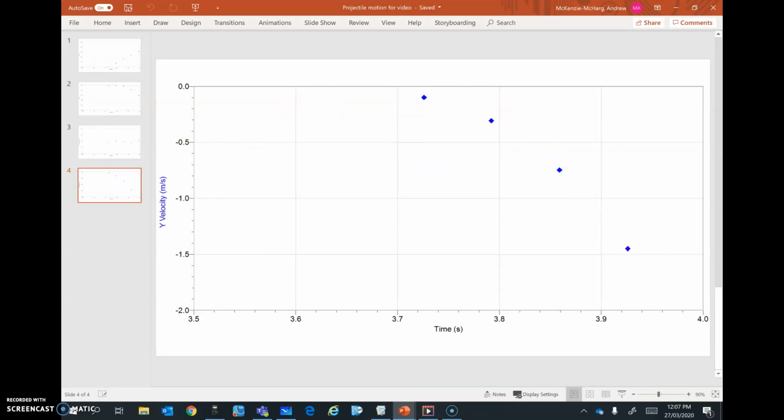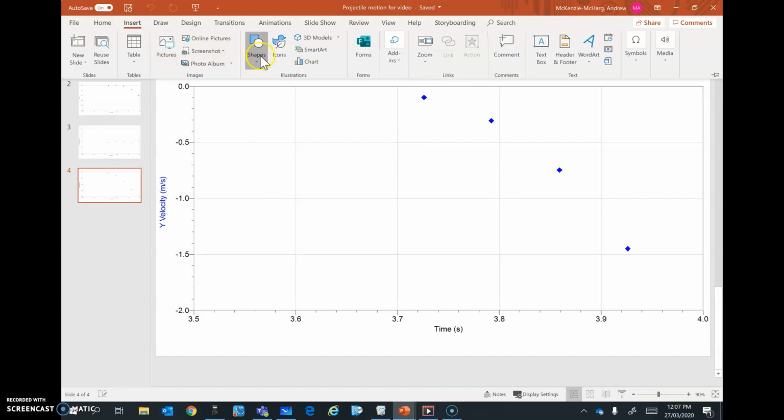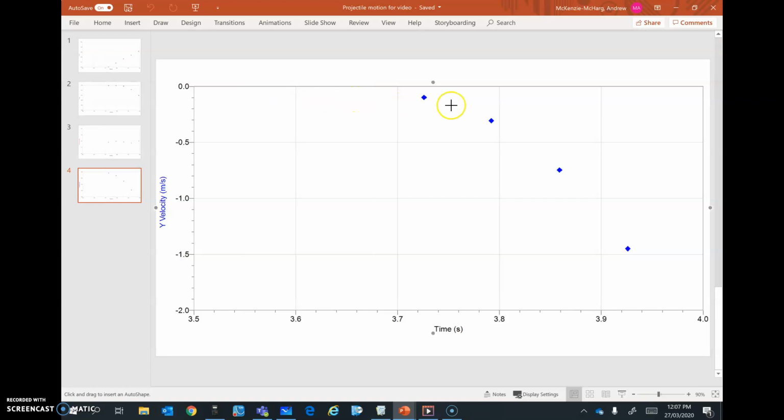It actually should be a straight line. I'll put a bit of a straight line on that. Just my data collection error, but that should really be going down at a constant rate. But the velocity in the vertical direction becoming increasingly negative because we're saying negative downwards is the negative direction, so getting faster in the downwards direction.